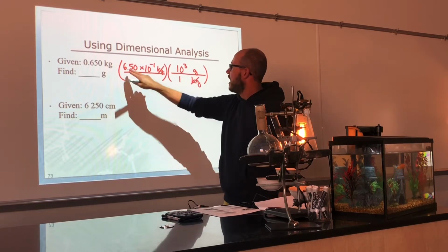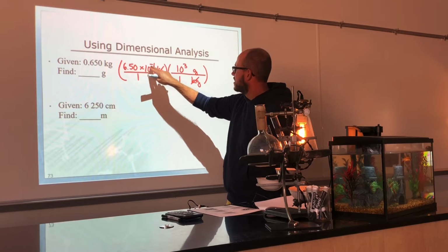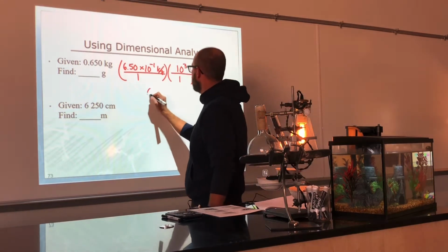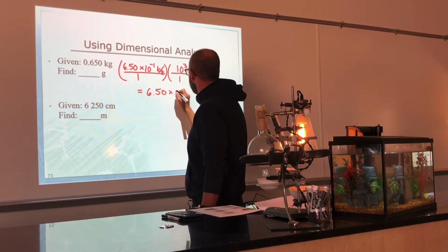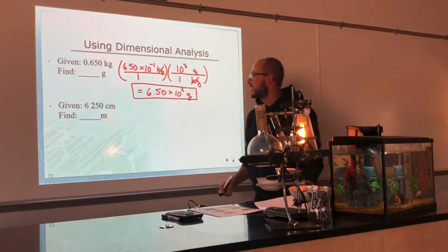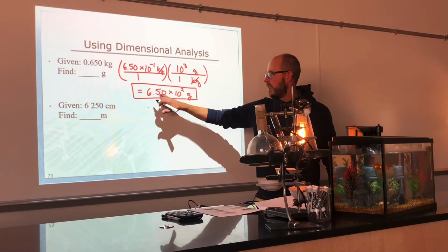Kilograms cancels. I have 6.50, and then I add the exponents, so this is minus 1 plus 3, that's 2. So this becomes 6.50 times 10 to the 2 grams. And we could leave this in scientific notation or express this as 650. grams to keep all of this significant.